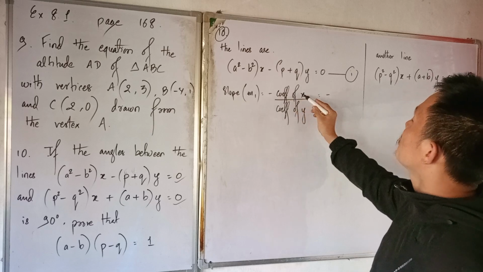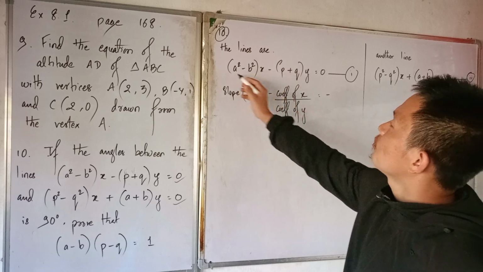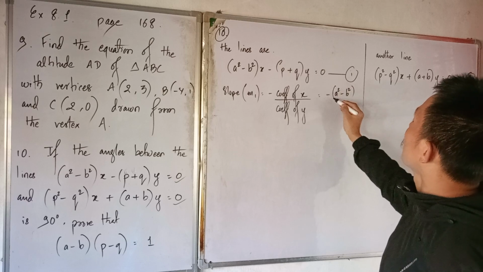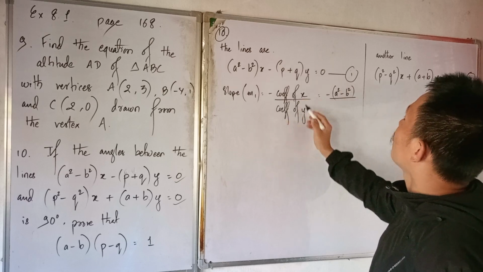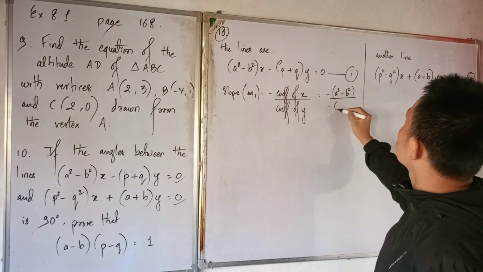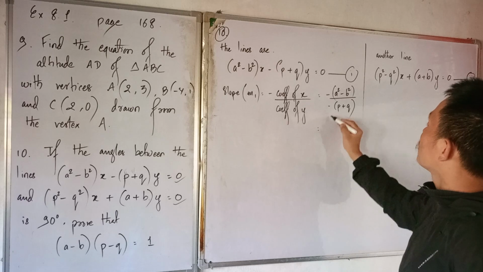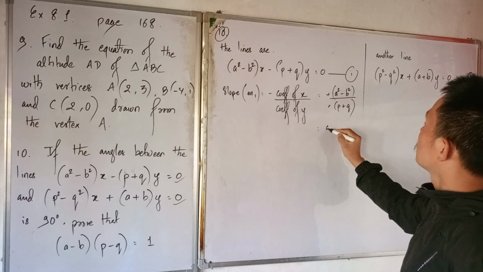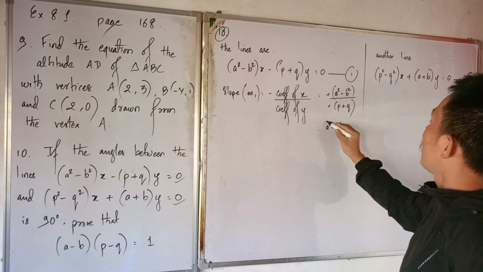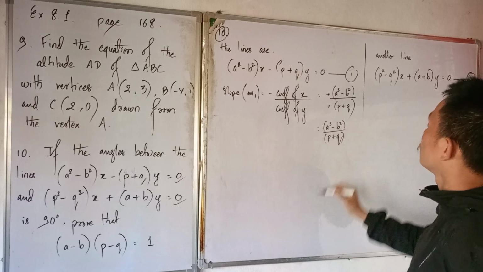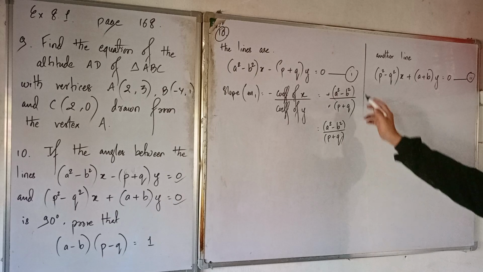So minus coefficient of x, we have a square minus b square, and coefficient of y we have minus (p plus q). Minus minus cancels, so a square minus b square over p plus q. So this is the slope for line I.